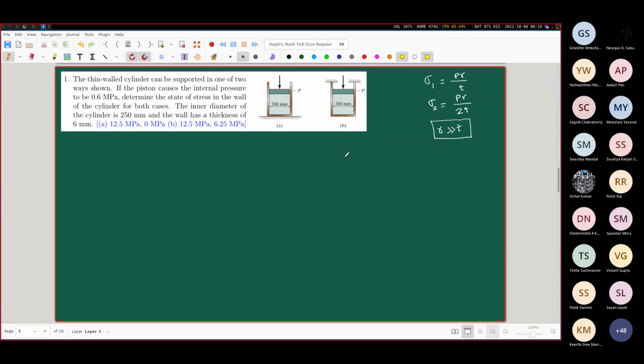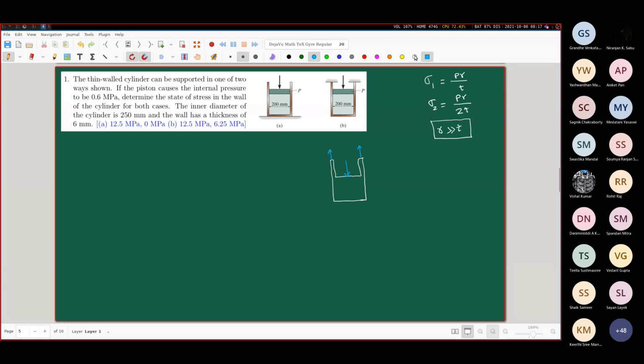Why do you think that will happen? Actually, the cylinder is attached to that upper ceiling. Yes, that's why. Right. So the situation is like this, that in this second case, if you consider this as the free body diagram, this is some force acting here, and this force will be balanced by the forces which are present all along the periphery here, as it is joined to the wall, to the ceiling.